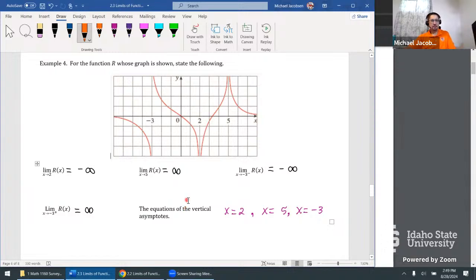So that question is possible. And because of it, let's say also state the equations of the horizontal asymptotes.